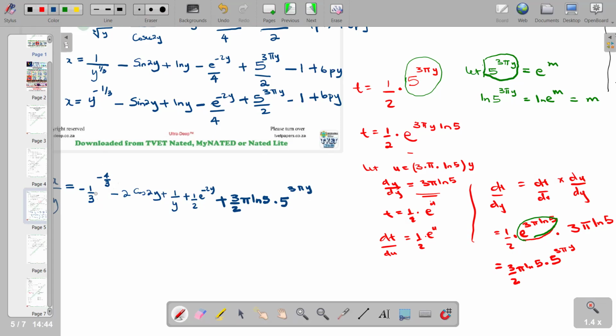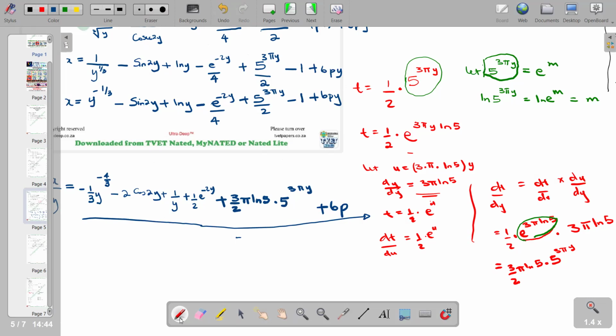Here we said we differentiate a constant, we get 0. Here we are going to have plus the derivative there is going to be 6p. So this becomes the answer for that question.